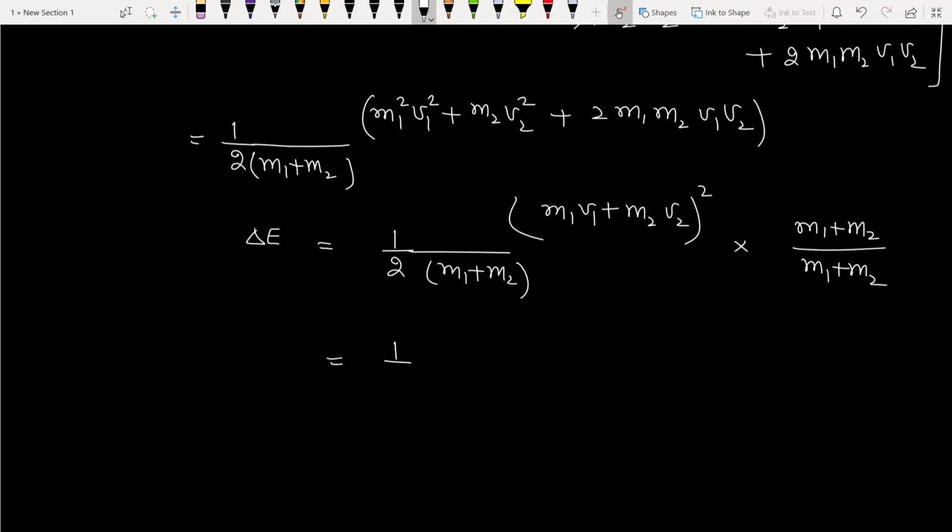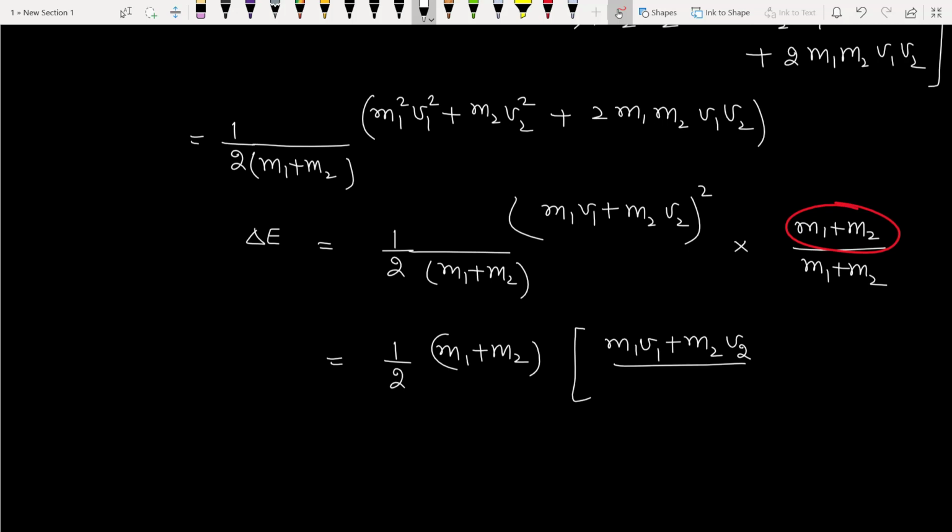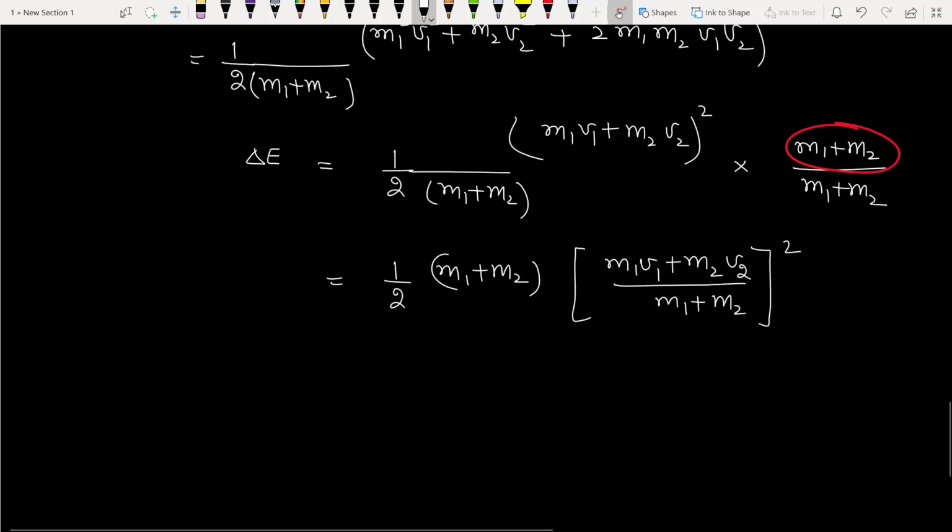We are left with m1 plus m2, and the square terms, divided by m1 plus m2, give the square of m1 plus m2 in the numerator. So delta E comes out to be half m1 plus m2 times capital V square.